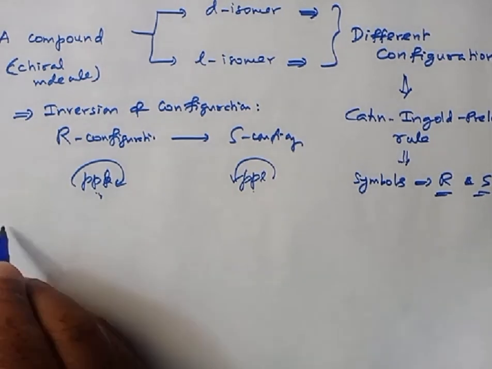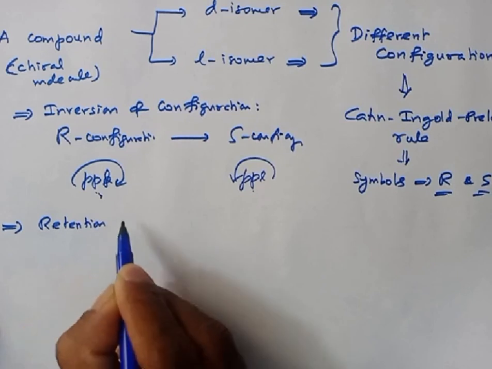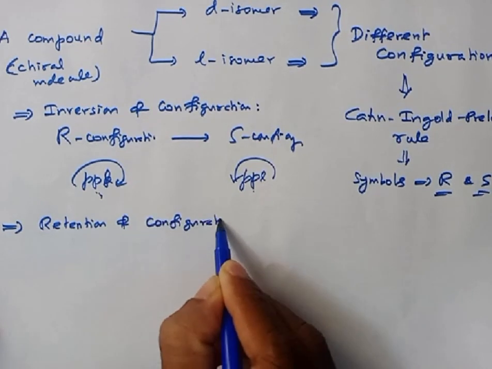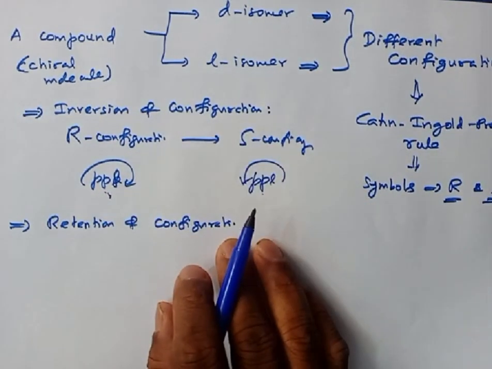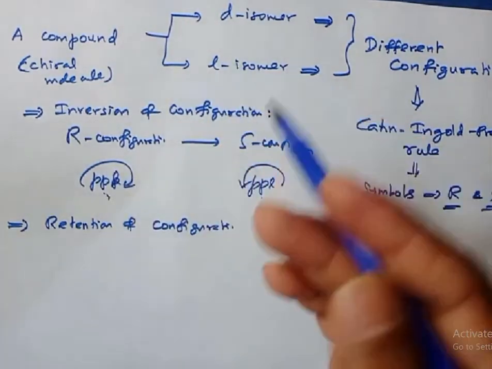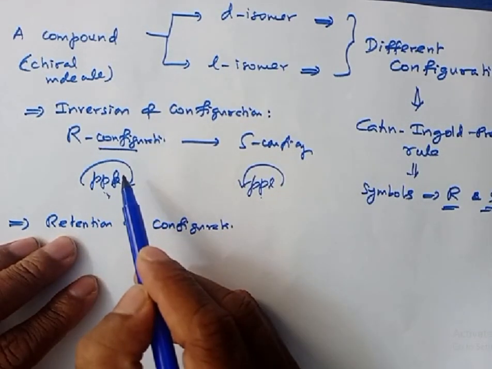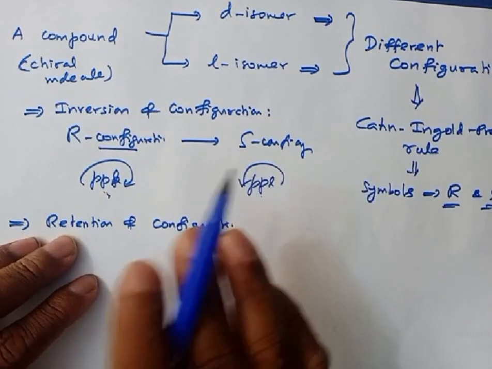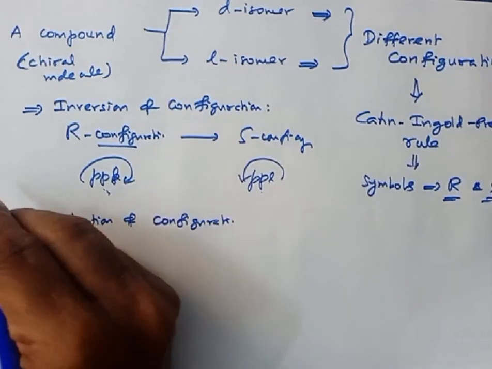What is meant by retention of configuration? I'm sorry, I made a small mistake here. Students, observe this carefully. Inversion of configuration in chemical reactions: R configuration becomes S configuration, it is called inversion of configuration. But these two are not necessarily isomers in a chemical reaction.